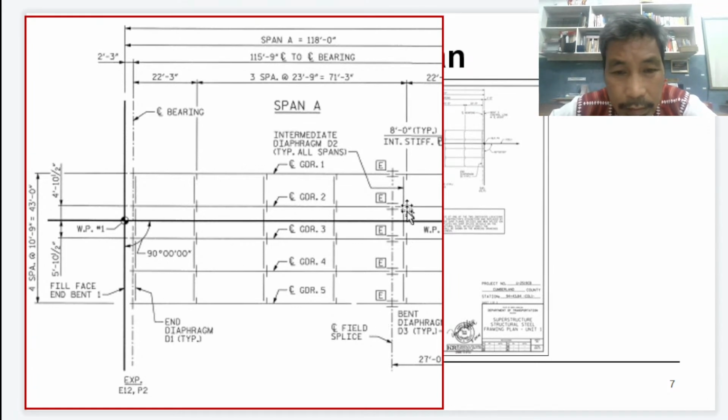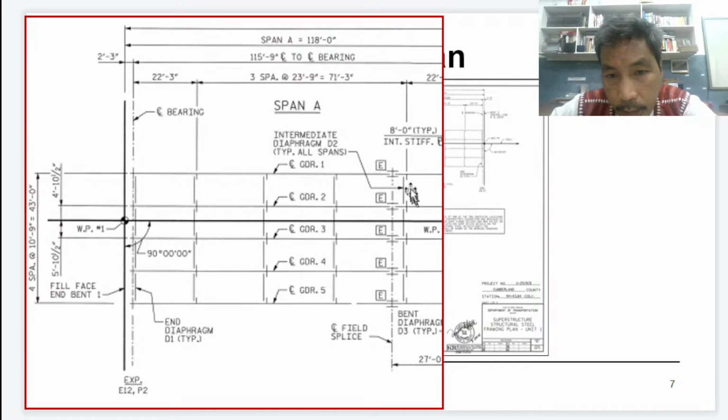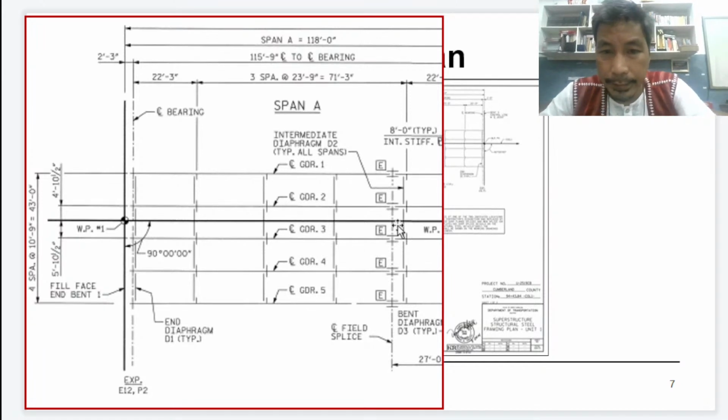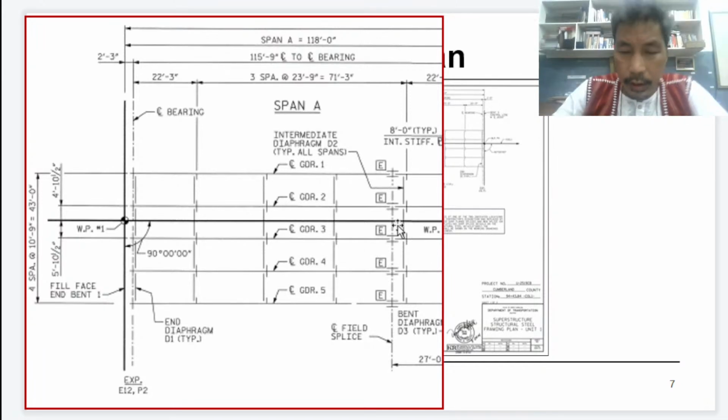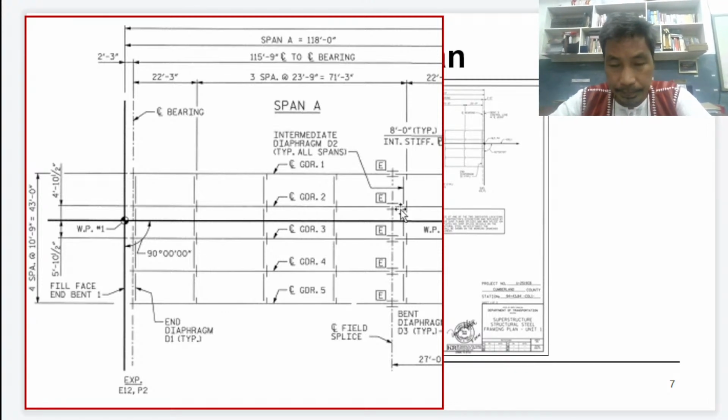So in this case, this part is actually the framing plan. So we are having the diaphragm on our frame. So that is the actual location of the diaphragm on the frame.